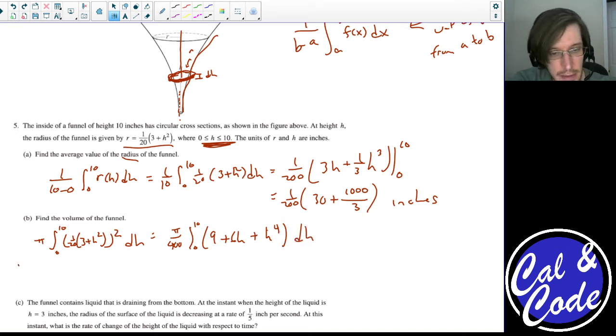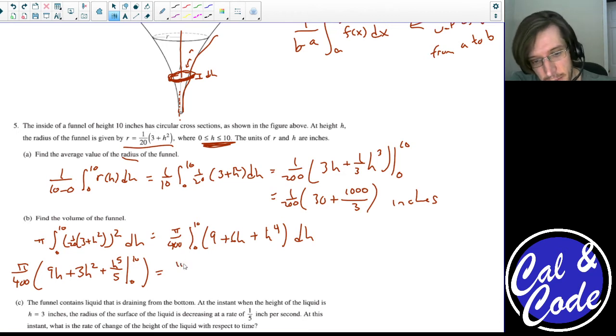When I integrate this, I have my pi over 400 times 9h plus 3h squared plus h to the 5th over 5, from 0 to 10.